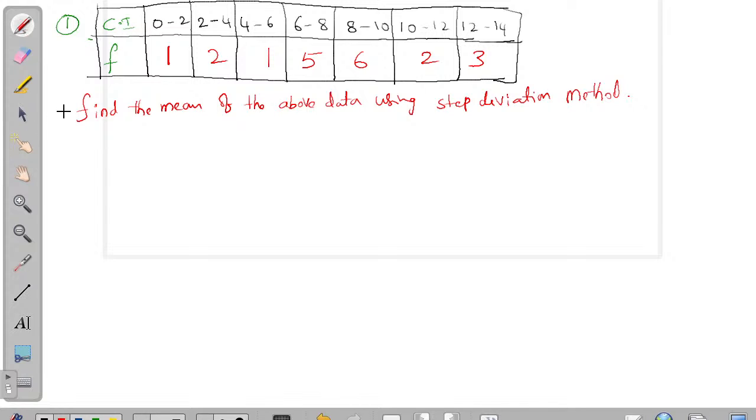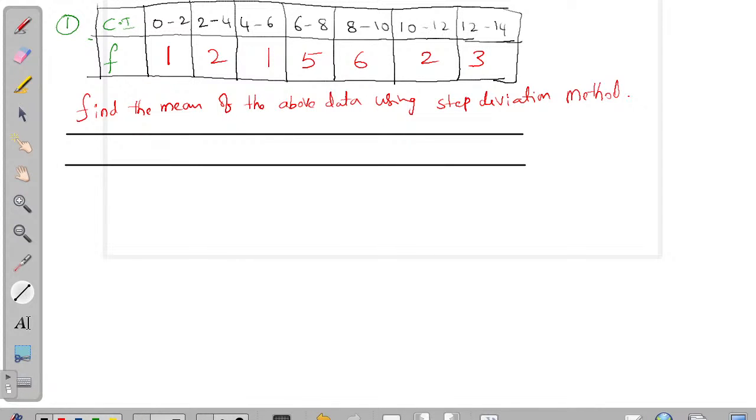So we will make a table. First and second columns are the same values which are given in this problem. Class interval is the first column. Frequency is the second column.